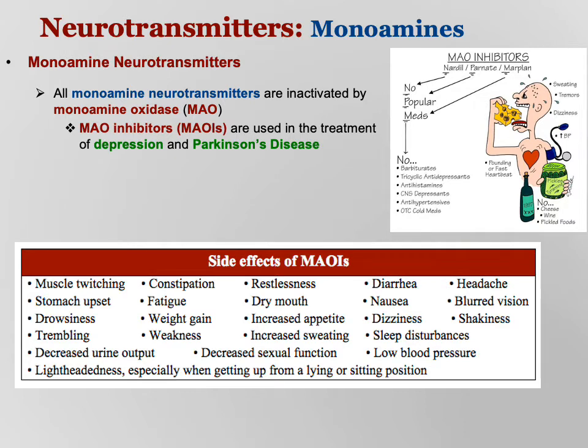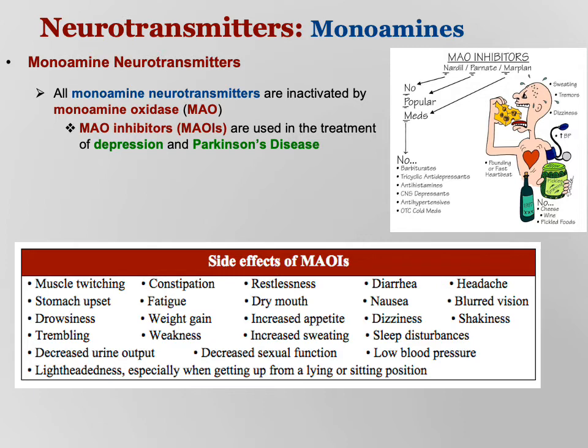In fact, MAO inhibitors, MAOIs, are used in the treatment of depression and Parkinson's disease. Like I say, in terms of behavior and health care, these are huge. So think about it for a moment. An MAOI, what is that? Is that an agonist or an antagonist?